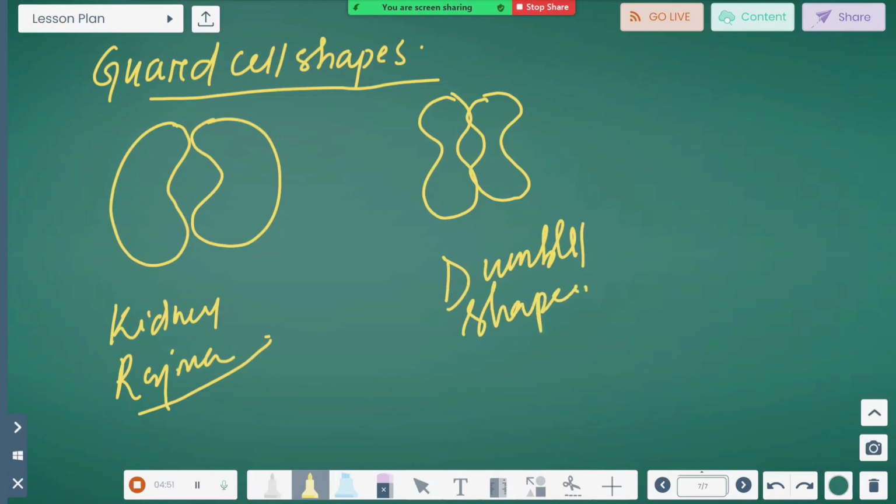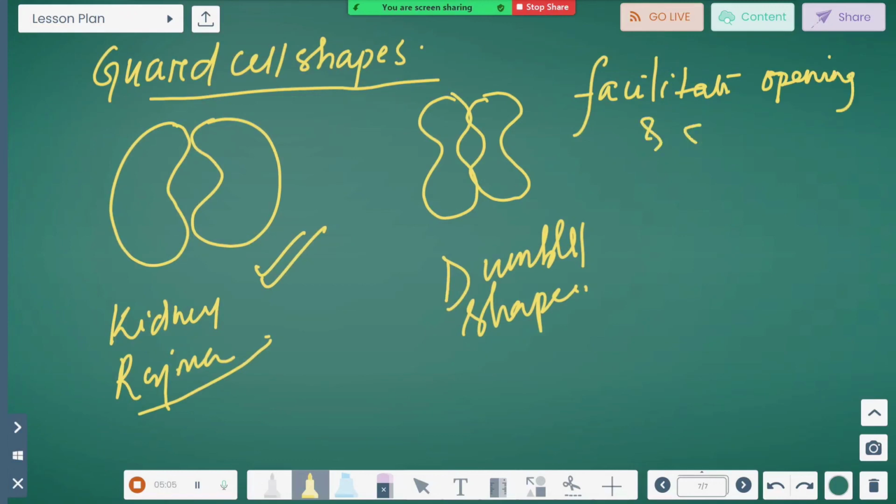This kidney shape and the dumbbell shape of guard cells have been designed in such a manner that they facilitate the opening and closing of stomata. Different plants show different types of guard cell shapes. For example, in all of your dicot plants, you will see the kidney bean shape.